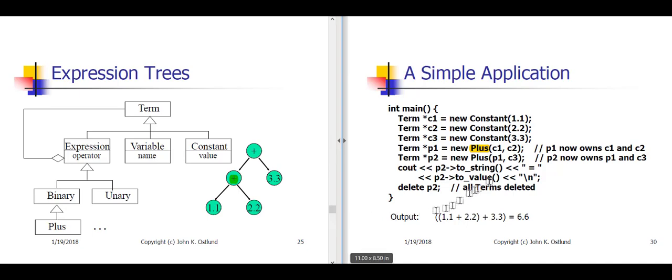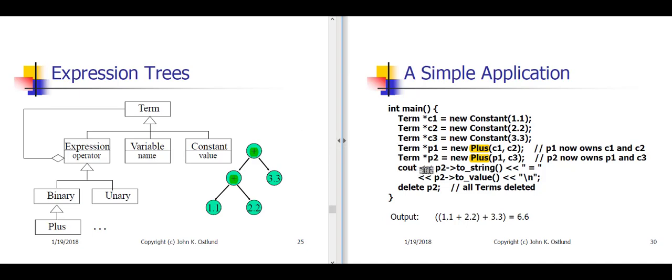Then in the fifth statement here, we're creating plus with the plus node, P1, as the left-hand side, and the constant, C3, as the right-hand side. So now we have created this topmost plus object. P2 is pointing at that topmost plus object. P2's left child is P1, and right child is C3. So we have now constructed this tree representing this expression.